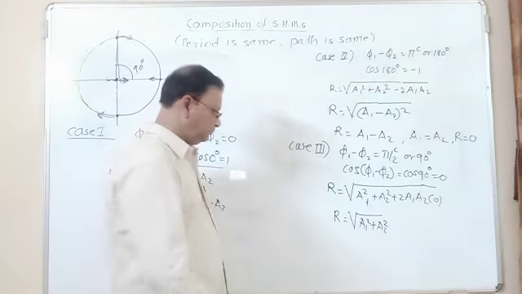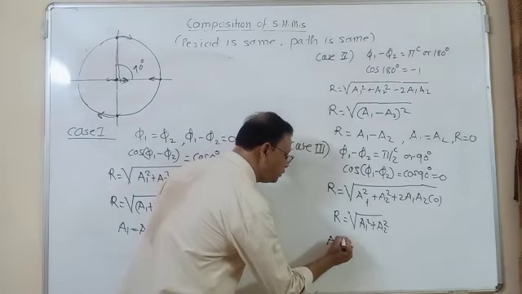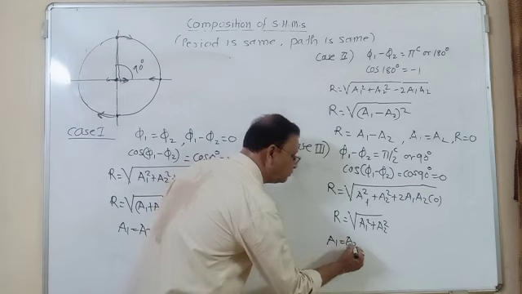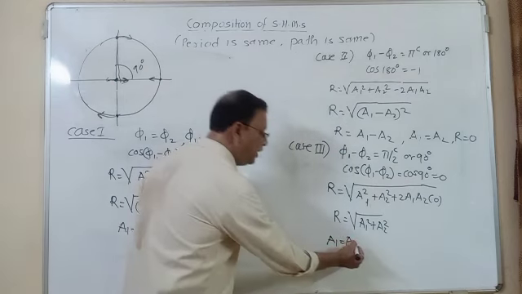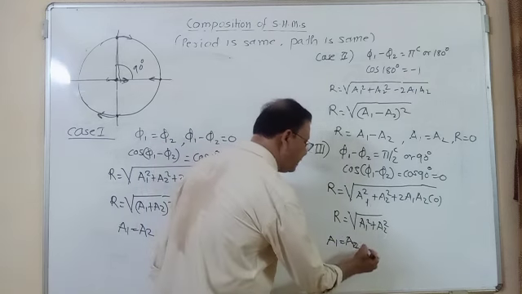Again, if A1 is equal to A2, for the two simple harmonic motions the amplitudes are same. A1 is equal to A2, then what is the resultant amplitude?